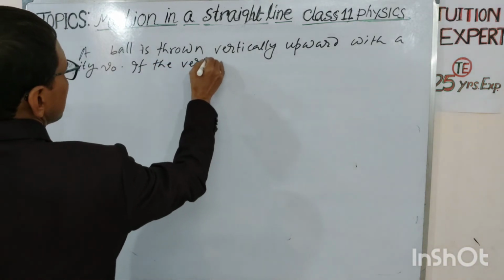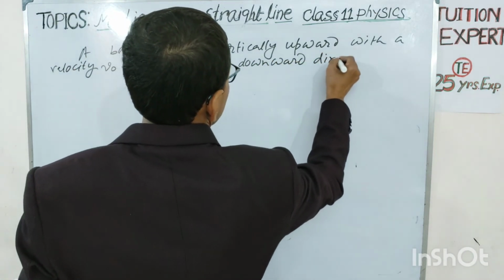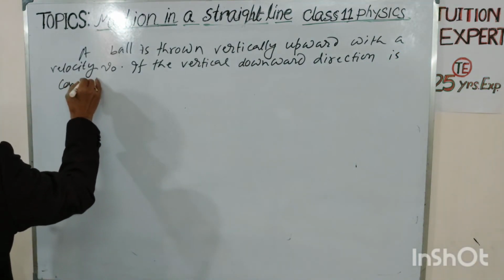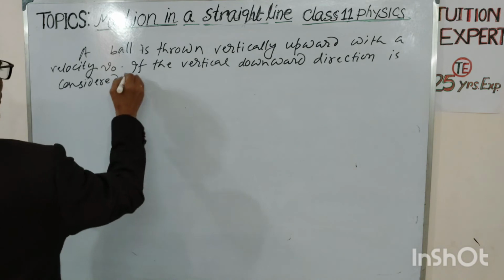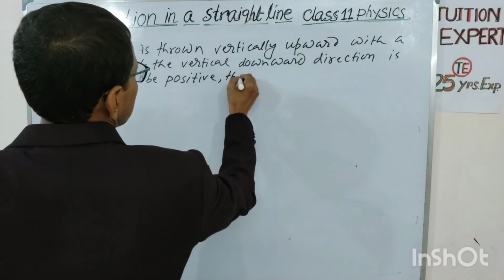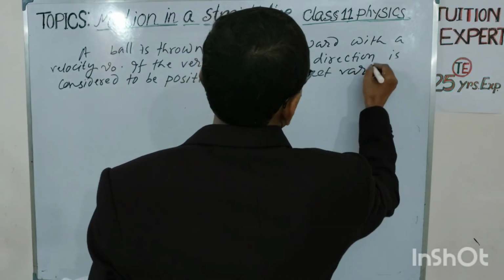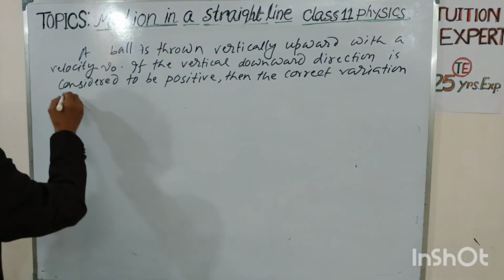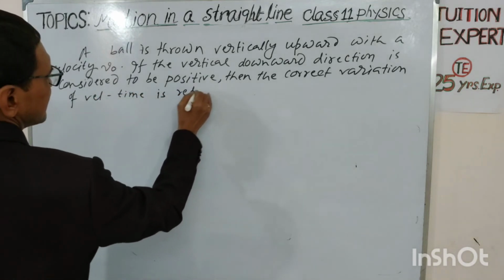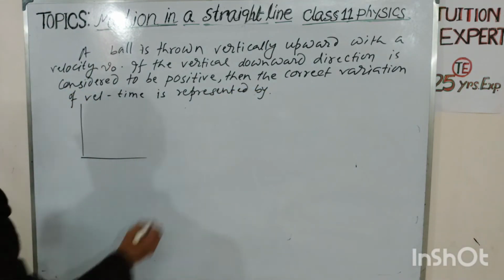If the vertical downward direction is considered to be positive, then the correct variation of velocity with time is represented by which graph? Four options are given.